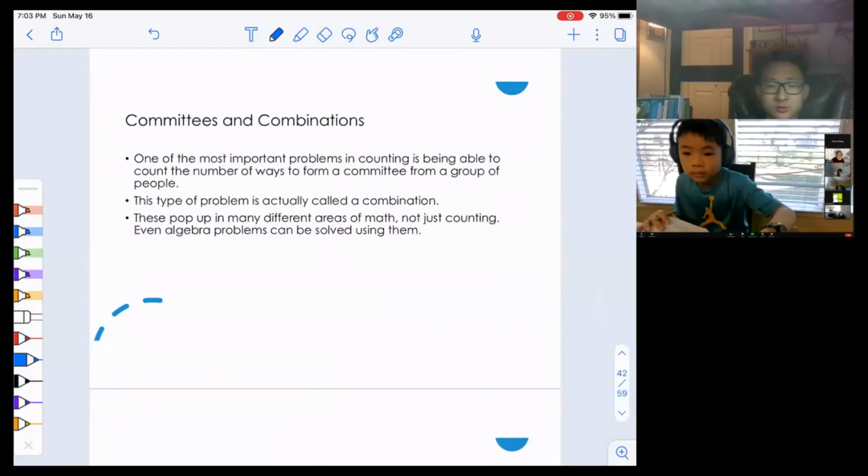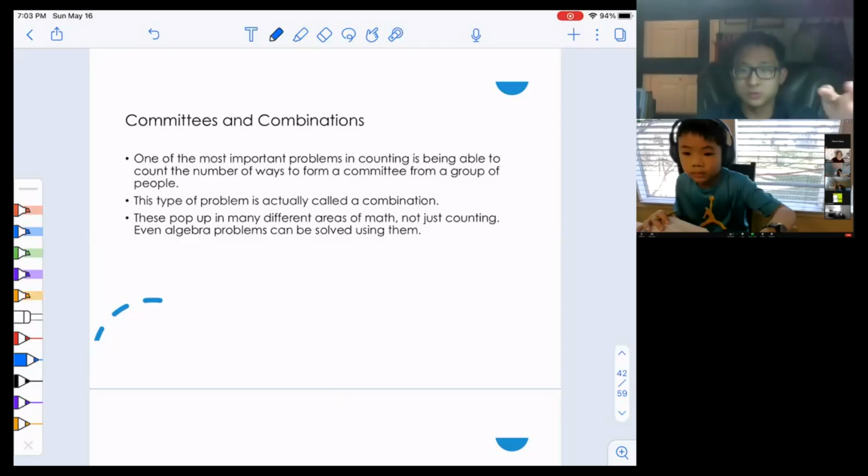You saw in the permutations that we had to sort them in different orders. Here we can just pick a random group of people and not have to worry about that. These pop up in many different areas of math and not just counting. A lot of algebra problems can be solved using committees and combinations too.